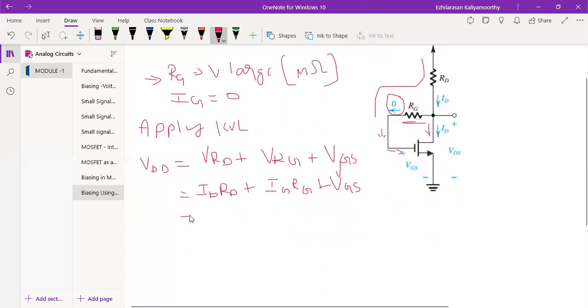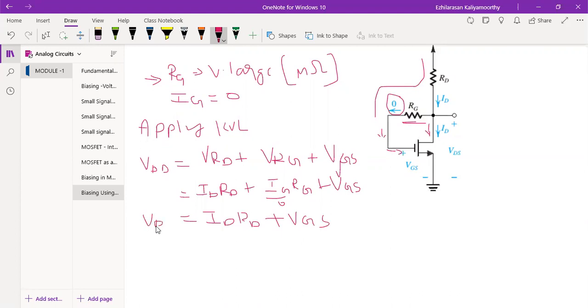Now we know Ig is equal to 0, so this portion will be 0, because Ig is equal to 0. Then we get ID RD plus VGS, and this is nothing but your VDD. So VDD is equal to ID RD plus VGS.